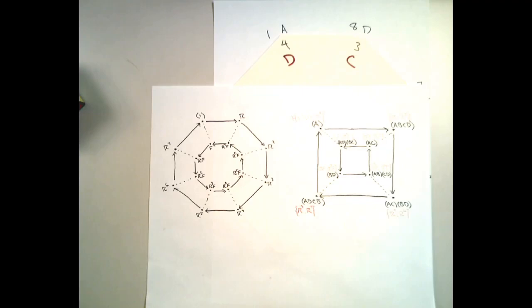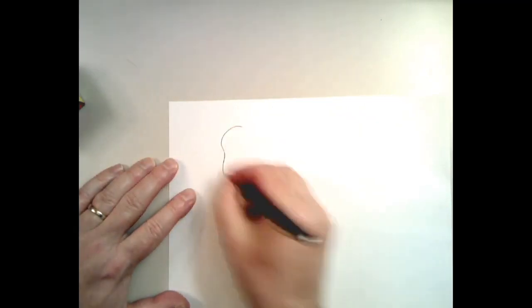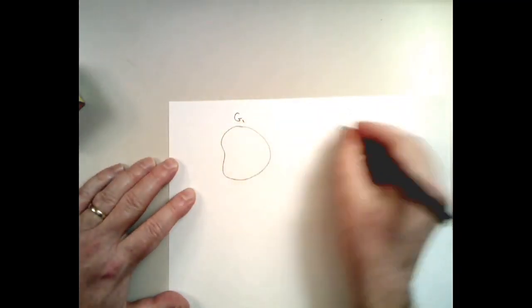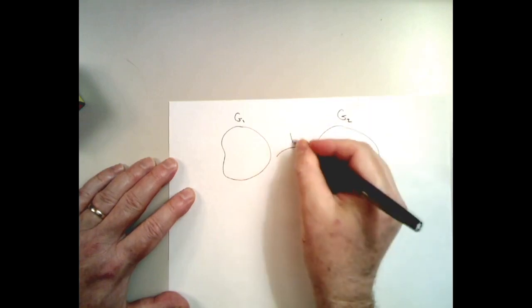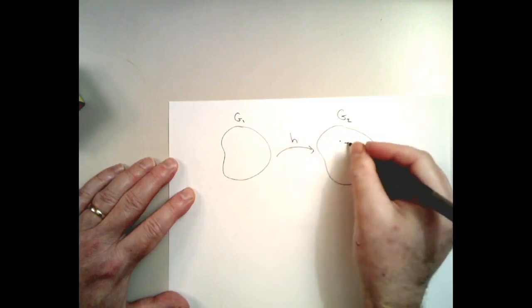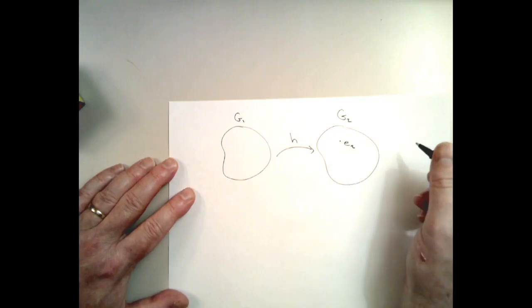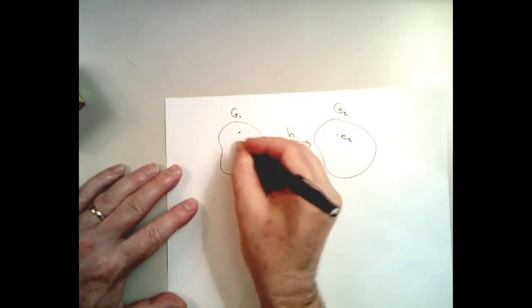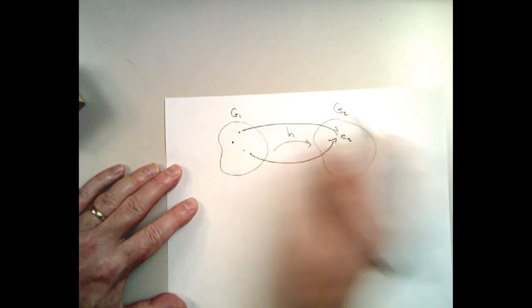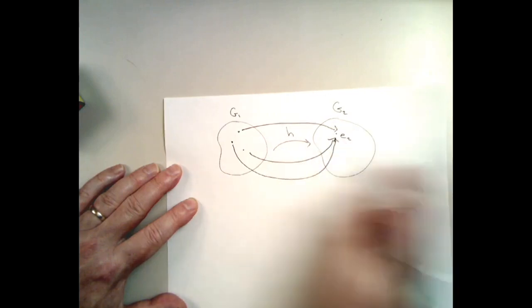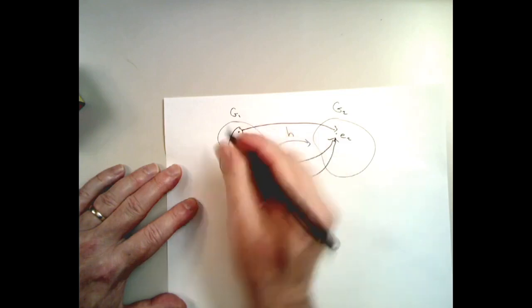So let me recap that just a little bit. What I've asked you to show is that if I've got a group G1 and I've got another group G2 and I've got a homomorphism between them, call it H, and over here I've got the identity element in G2, I asked you to show that the set of all elements that got mapped to that identity element turns out to be a normal subgroup.